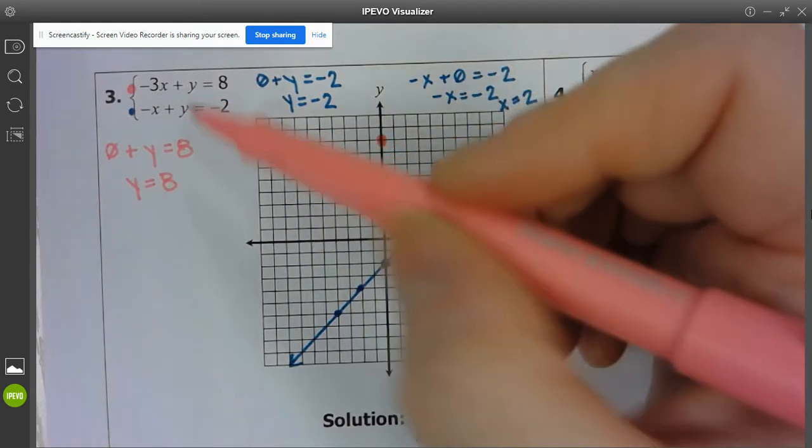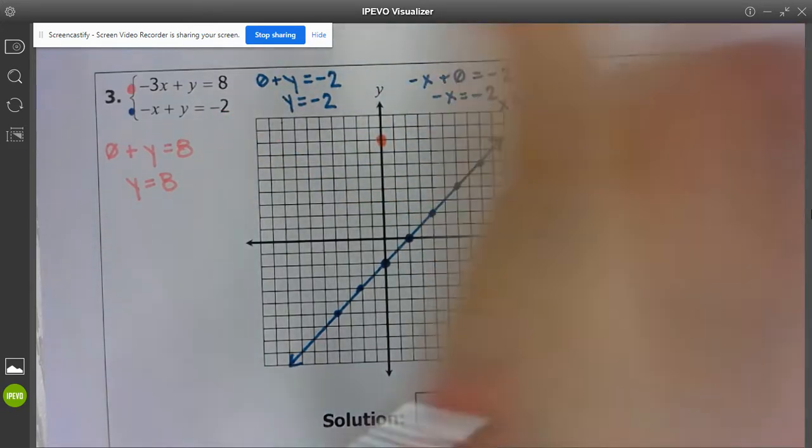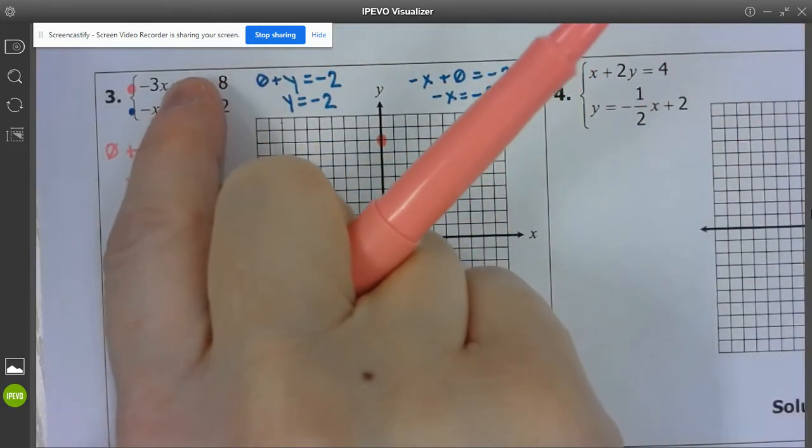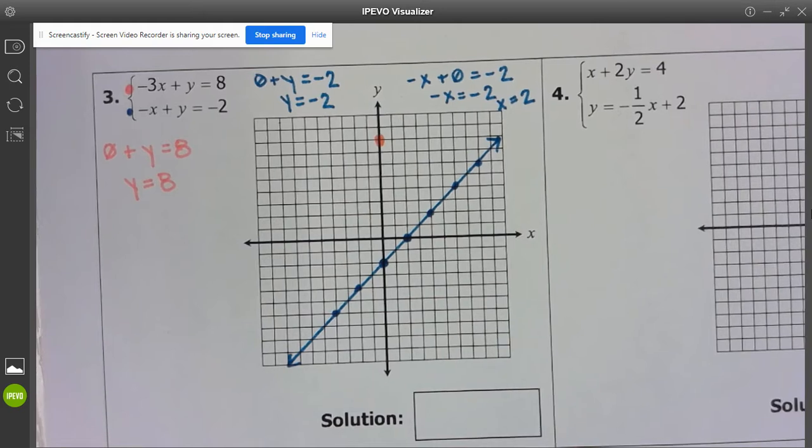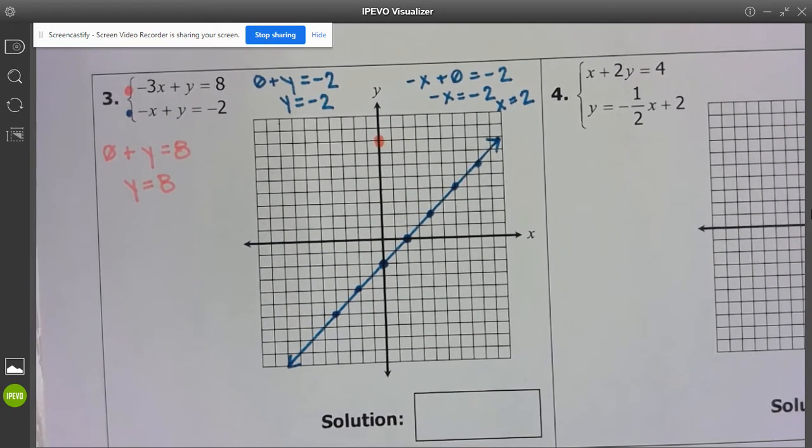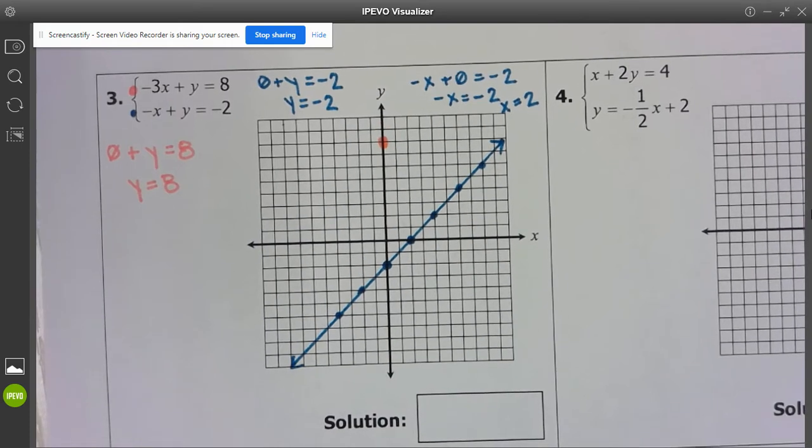The issue is, if I do the same thing with y, I'm not going to have y here, and I'm going to have negative 3x equals 8. I can't have 8/3 graphed. That's not going to work, friends.